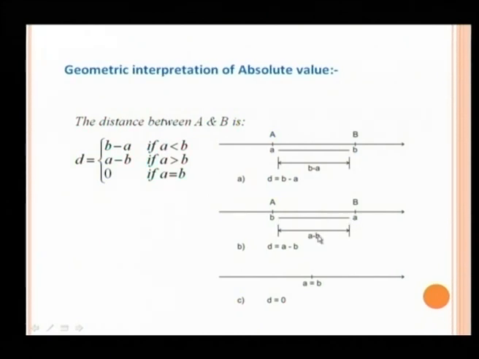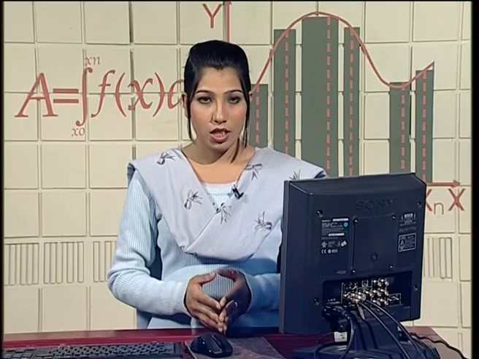So the distance would become a minus b. And then for the third case, which is d is equal to 0, we would consider both of the points a and b equal and on the same place on a real line. So the distance between a and b when a is equal to b would result in 0.